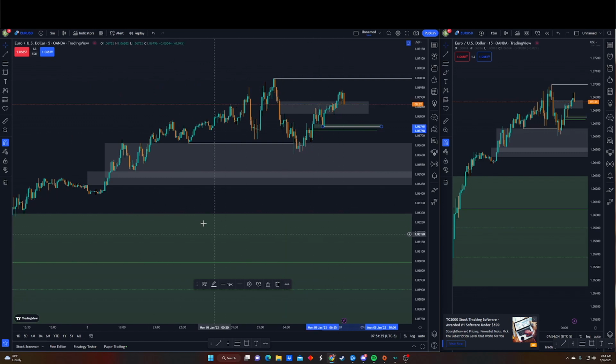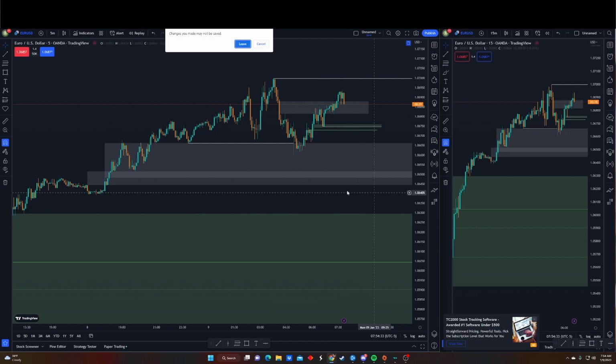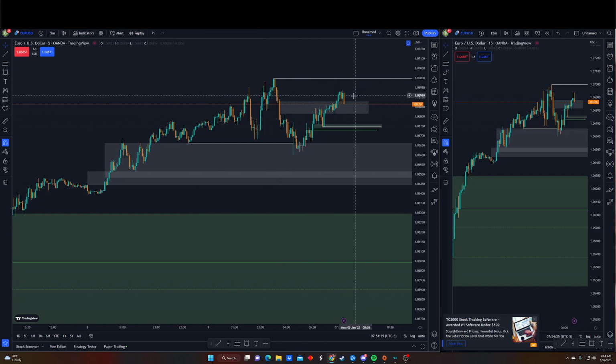Yeah, it's the same one. Okay, I just wanted to make sure. I think this low is going to hold. If anything, we are trapping people going short, thinking this is resistance. So let's wait and see.